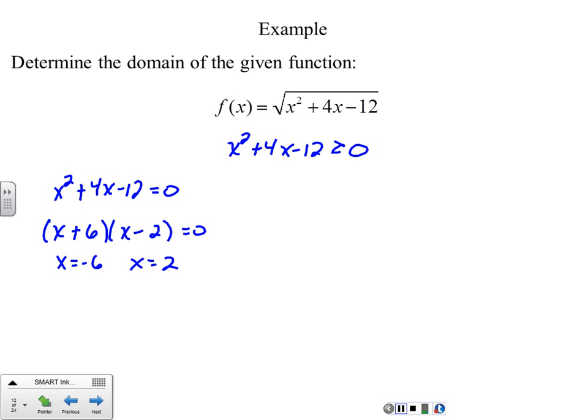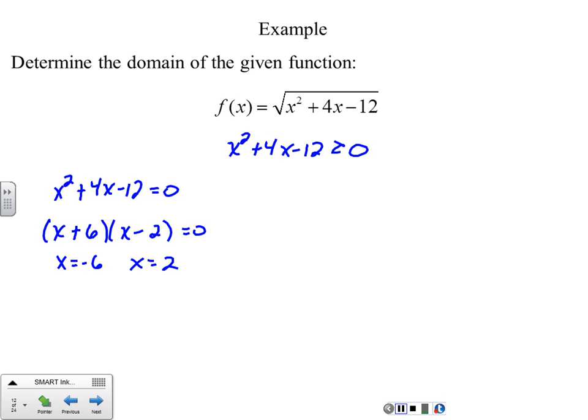What would happen if I plug in negative 6 or 2, either one of those, into that radical? Try it. See what happens. You get 0. Is that good? Yeah, you can take the square root of 0. The square root of 0 is 0. So are those two numbers in your domain? Absolutely. So now what we've got to do is take care of the greater than part.